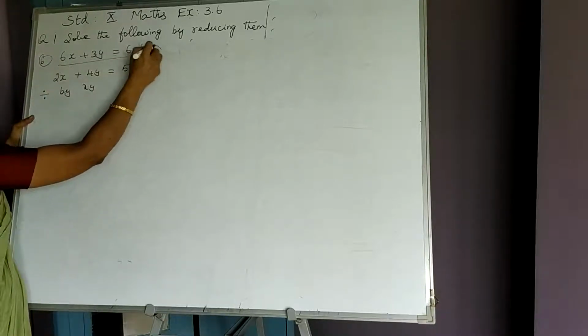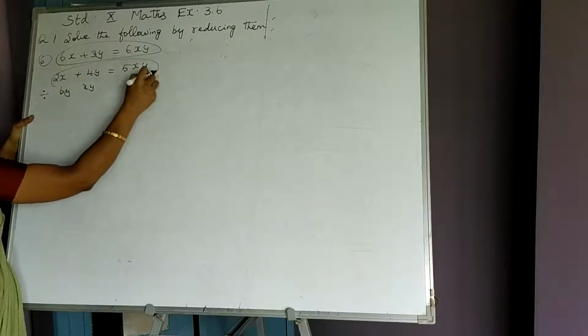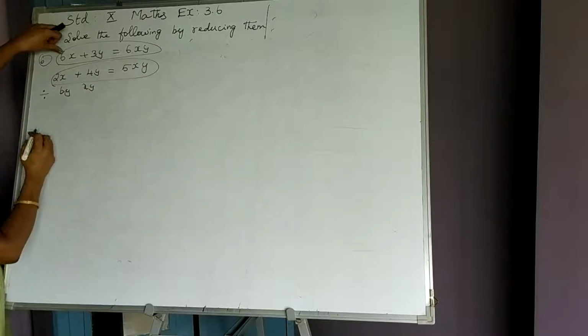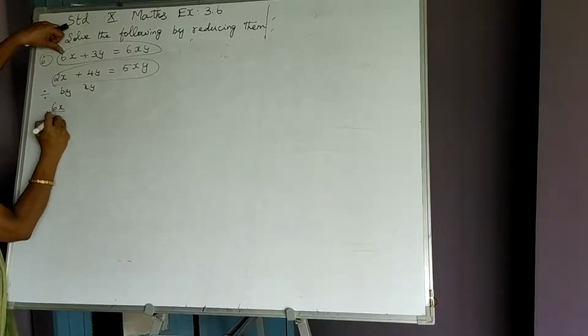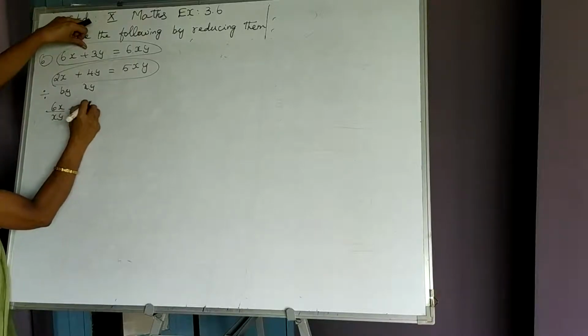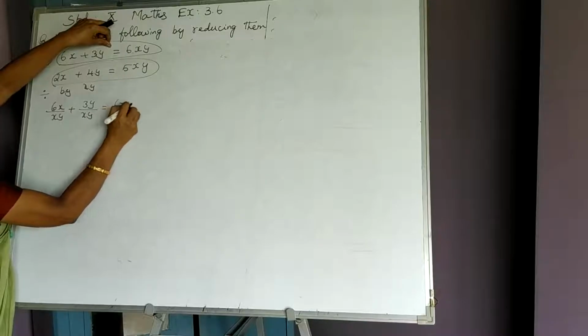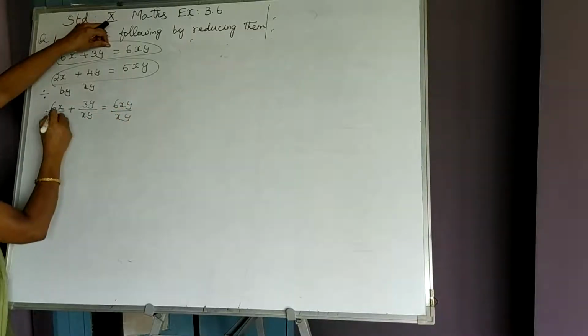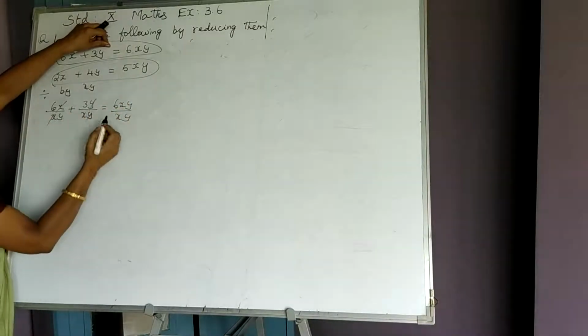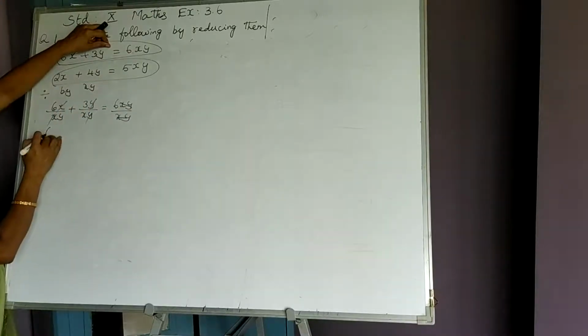We are dividing this by xy, this is also by xy. So here we get 6x upon xy plus 3y upon xy, which is equal to 6xy upon xy. X gets cancelled, here y gets cancelled, xy gets cancelled.